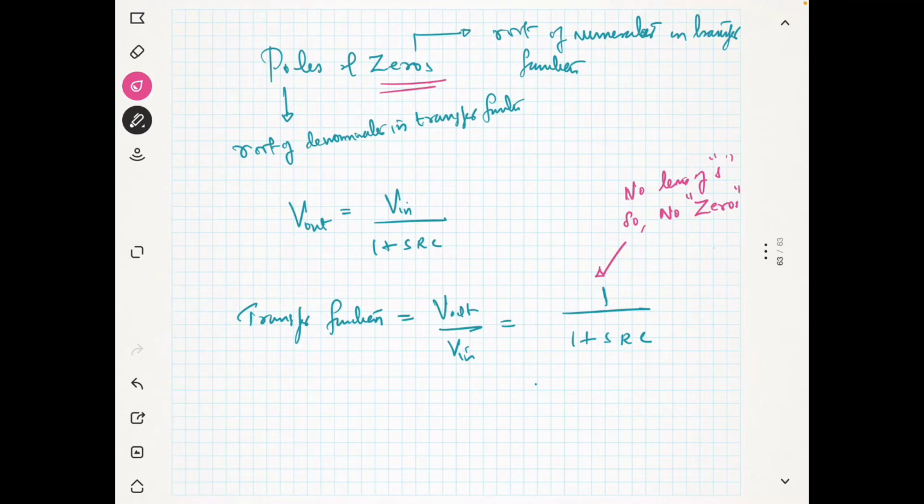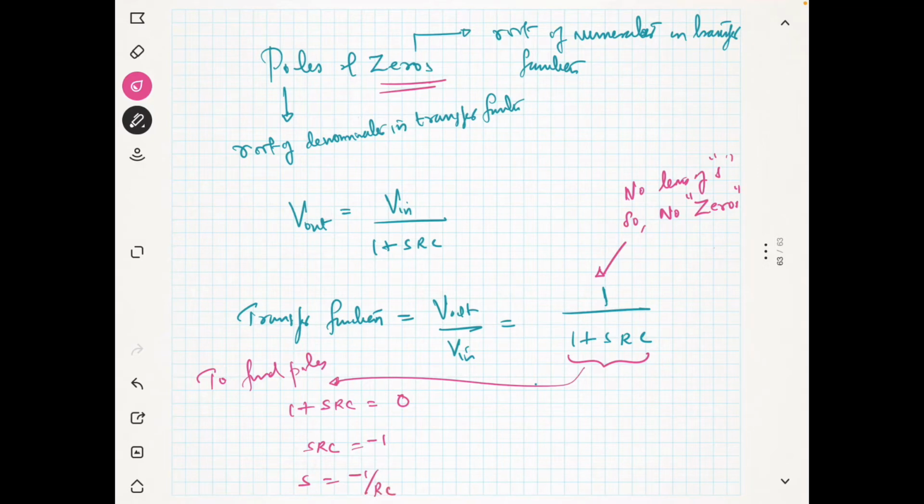And what about the poles? To find the poles, you take this denominator, 1 plus S into RC, and equate it to 0. So S into RC is equal to minus 1. So S is equal to minus 1 by RC, and you know that RC is the time constant, so it is minus 1 by tau.